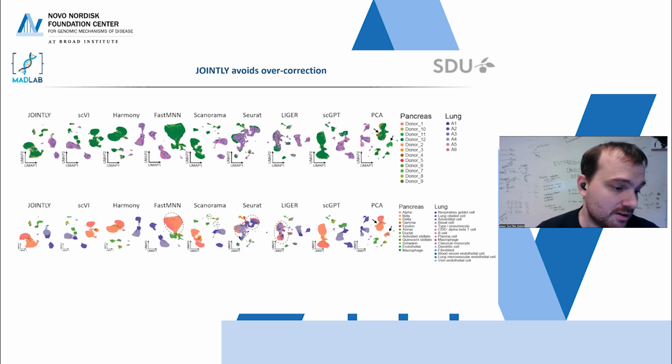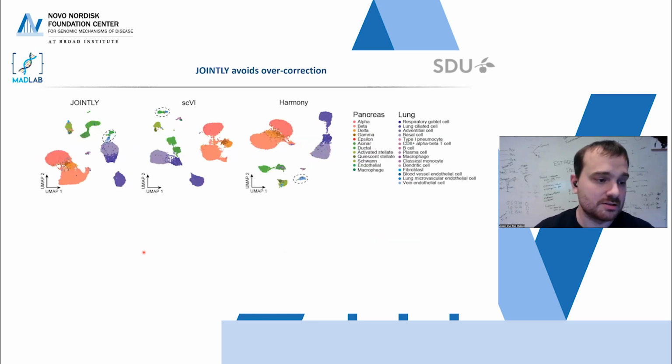And finally, our method, scVI and Harmony are all doing a good job at separating the tissues and also seem to have a decent power to separate the individual cell types in each tissue and batch integrated. So since these three methods were really the ones that had the best performance in the batch integration task, we zoomed in on those three a little bit, and the embeddings look like this. And what we noticed immediately was that there's a difference, especially in this cell type here.